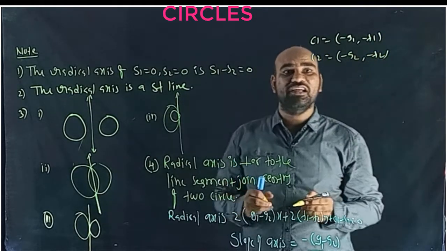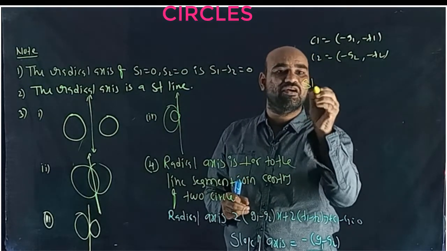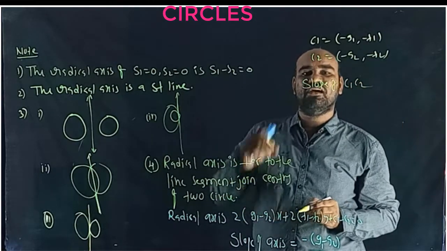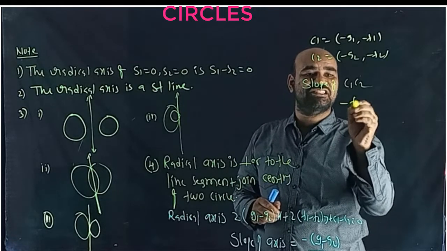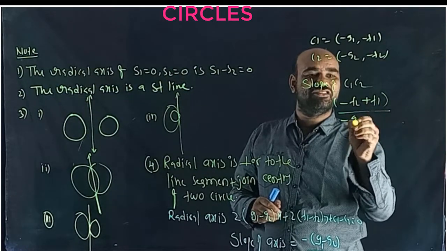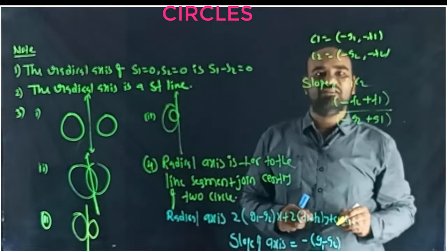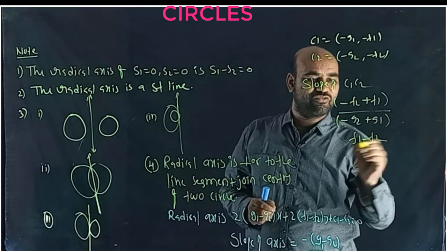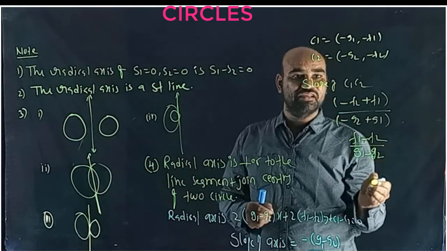Now I want to find the slope of the line segment joining the centers, c1 c2. Slope is (y2 - y1) by (x2 - x1), which is (-f2 + f1) by (-g2 + g1). So this is the slope of the line segment joining their centers, which is (f1 - f2) by (g1 - g2). Now multiply these two.